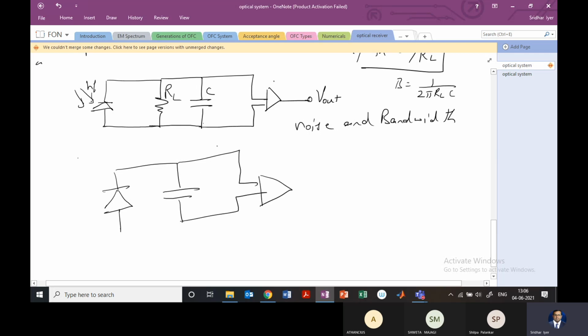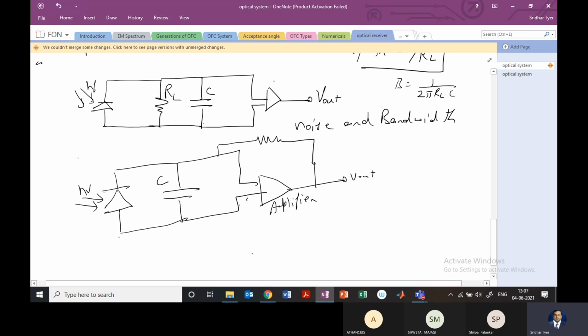And RL is actually pasted here. We have the RL which is connected to the output of Vout. Okay, so this will be C, and this will be the photons which are impinging on the photodiode, right? And this here is the amplifier.